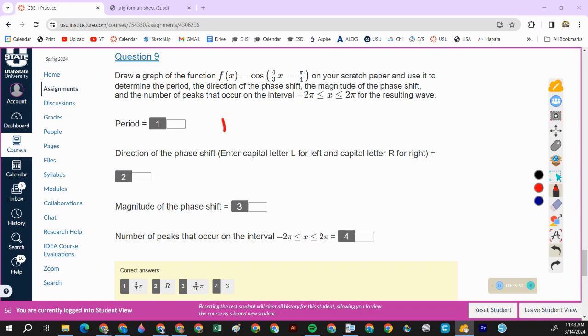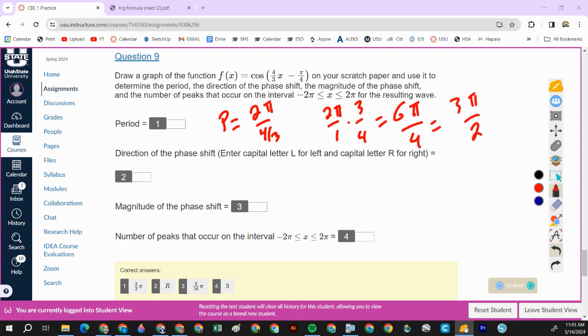So my period is 2 pi divided by 4 over 3. Invert and multiply. 2 pi over 1 times 3 over 4 is 6 pi over 4, which is 3 pi over 2. That's my period. What is my phase shift?